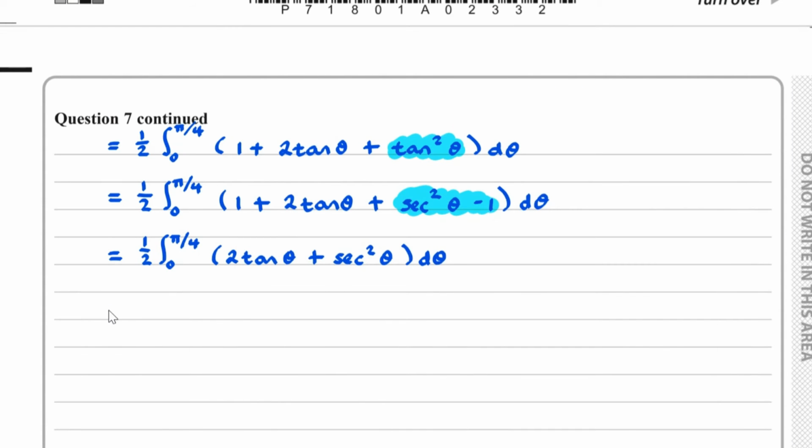So, if we work this out, we have 1/2 times, well, if I integrate 2 tan theta, I would end up with 2 times the natural log of the mod of sec theta, and if I integrate sec squared, I end up with tan theta.